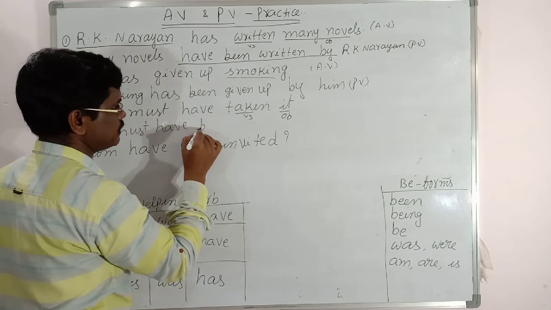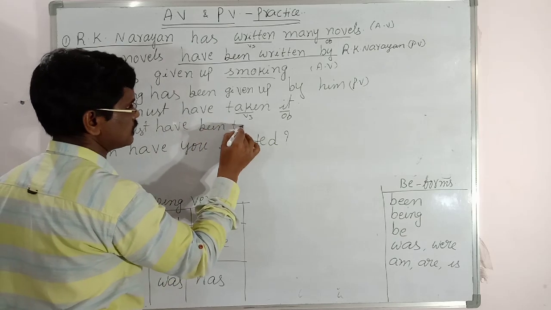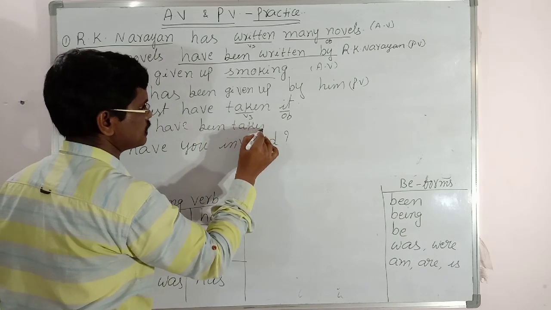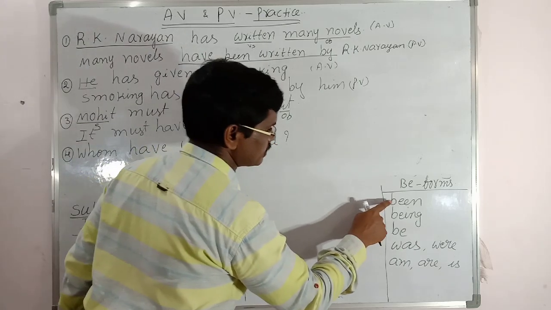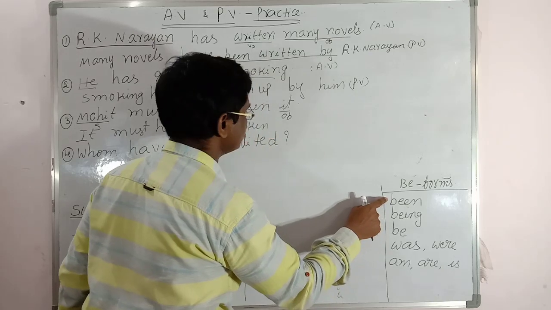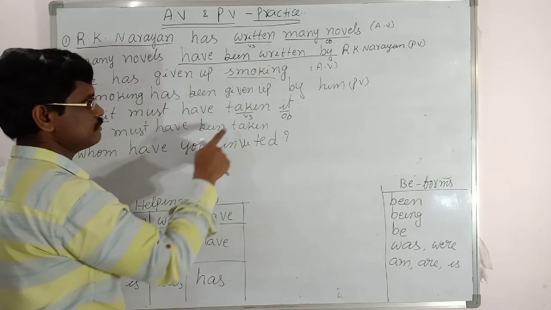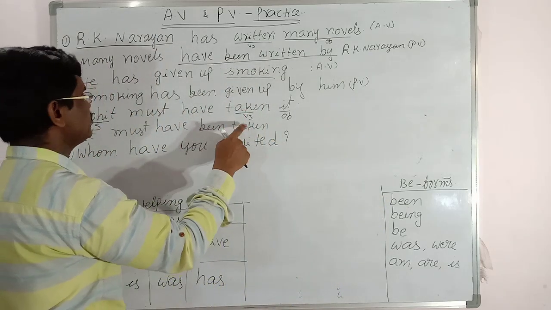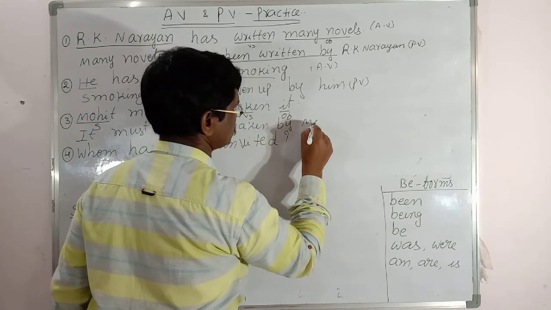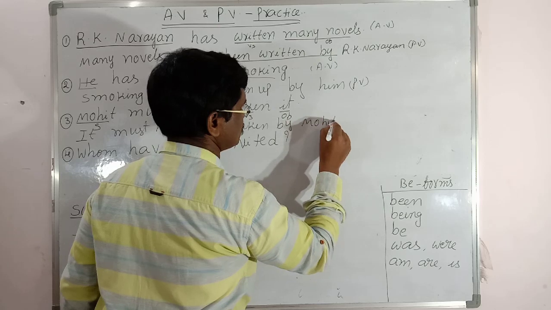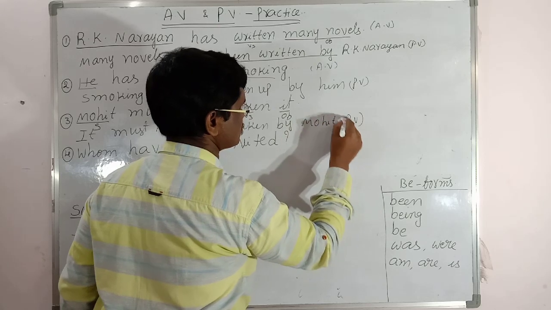Verb 3 means been. When there is verb 3, don't think about any other thing. Before verb 3, write been. Before verb 3, write just been. So been taken by Mohit. This is the passive voice sentence.